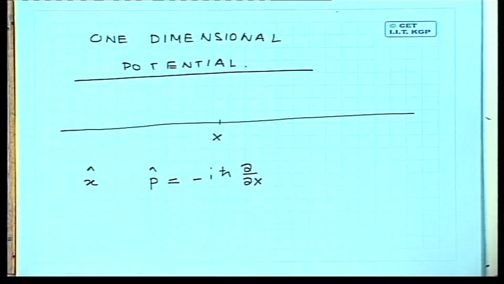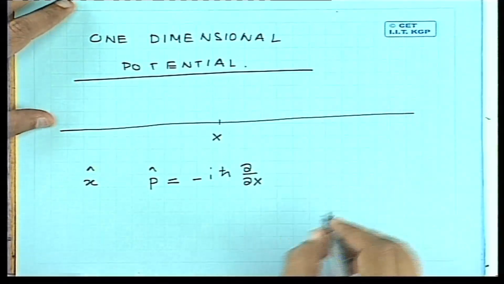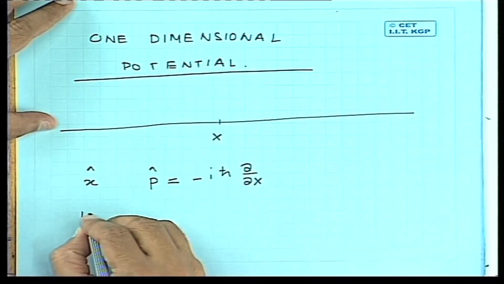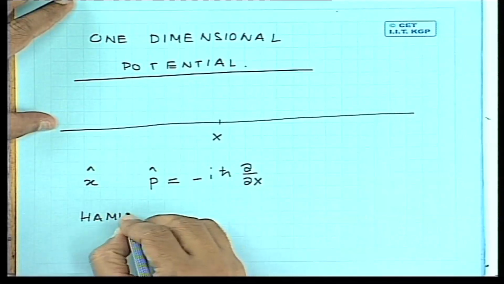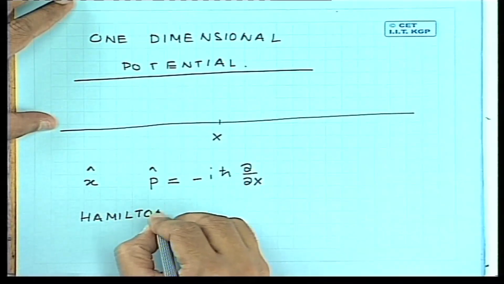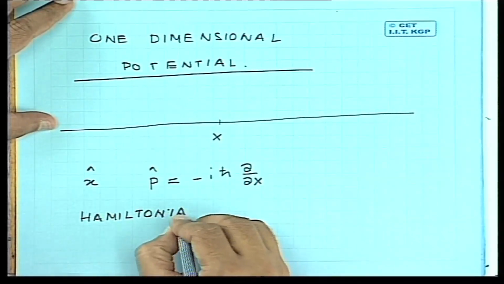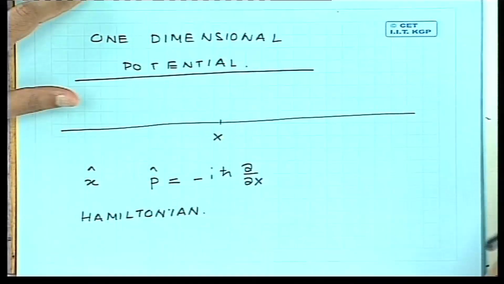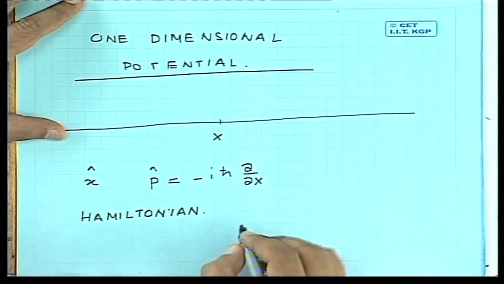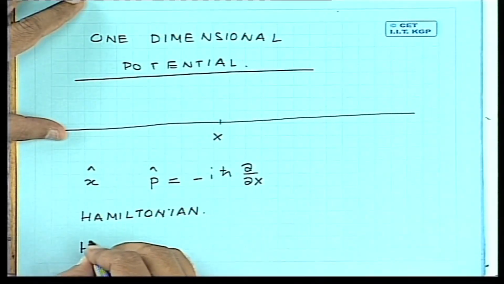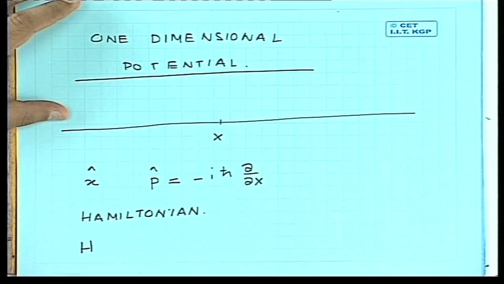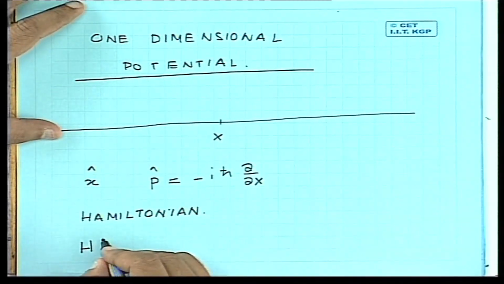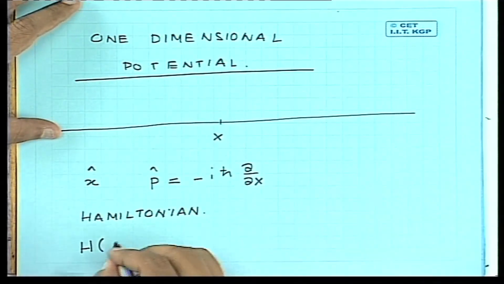Let me also introduce one more quantity which arises in classical mechanics called the Hamiltonian. This is something which most of you may not be familiar with as yet. It is usually denoted by H. In classical mechanics, the Hamiltonian is a function of the momentum and the position.